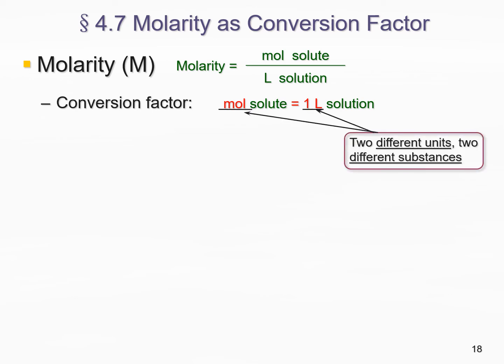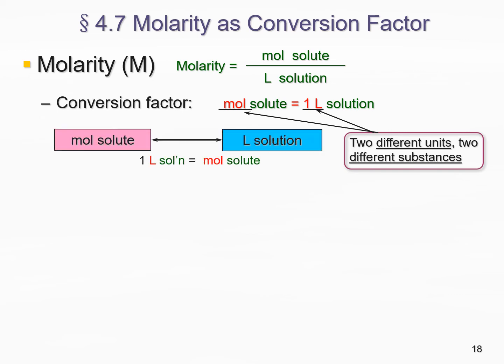We have two different substances, because the solute could be a pure substance, while the solution is definitely a mixture. What does that tell us solution map-wise? The concentration is the conversion factor that connects moles of solute with liters of solution.